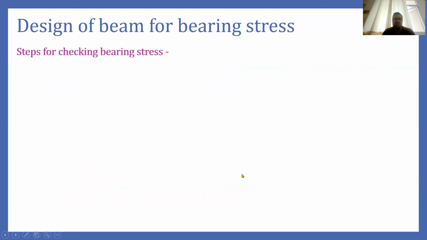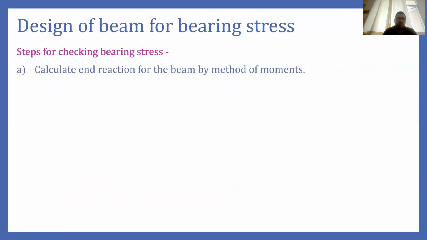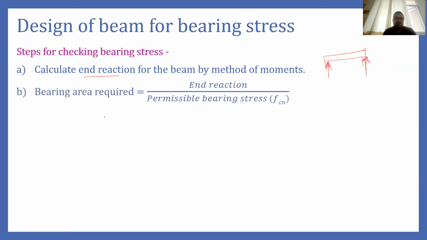Now we will see the steps to check the bearing stress. First, we find the end reactions, which are the reactions generated at the support. After that we find the bearing area required. This formula is similar to the formula of stress: stress is force upon area.